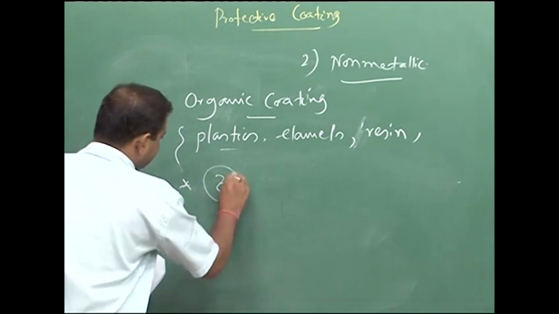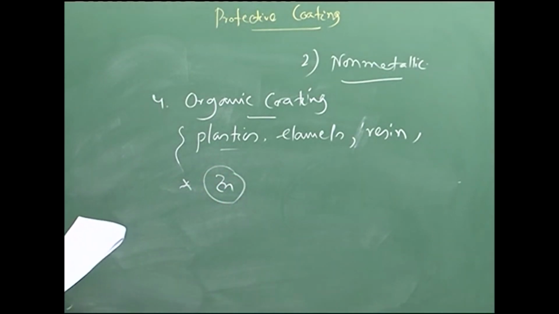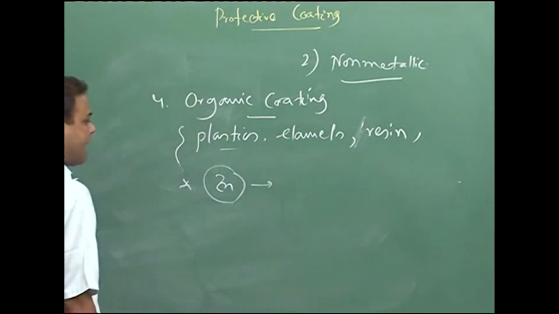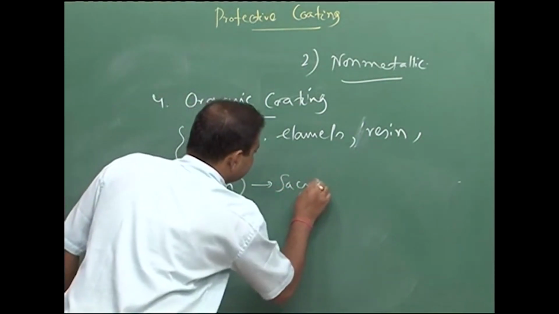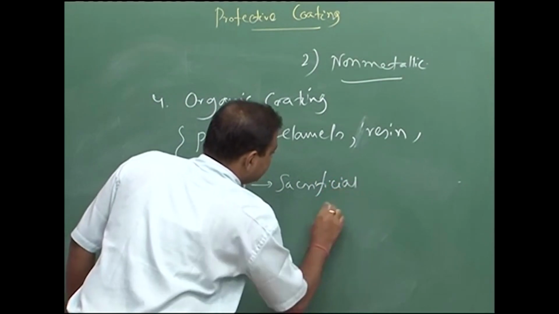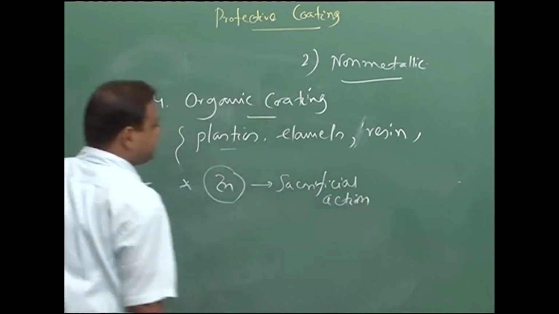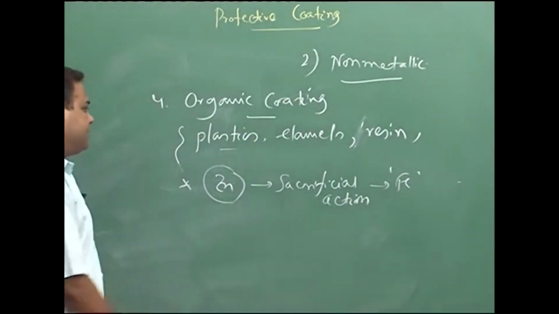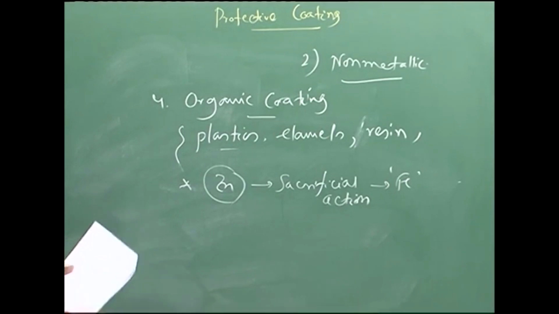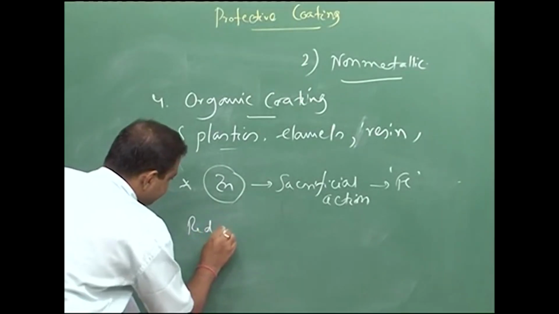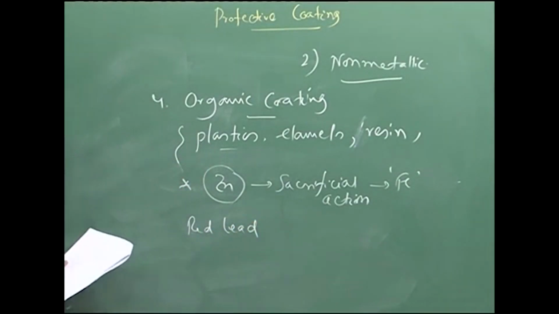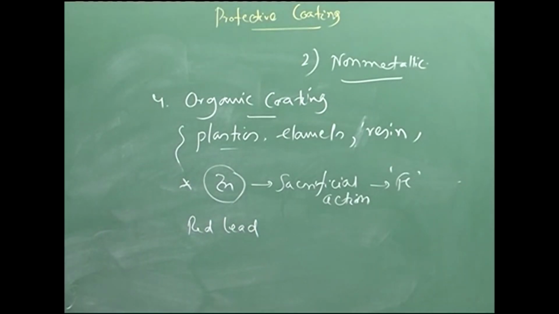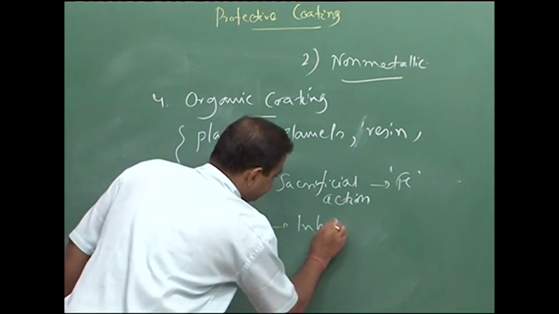So, the zinc would have sacrificial action with respect to iron. So, zinc is added, and many times red lead or zinc chromate is added, which will be acting as inhibitor.